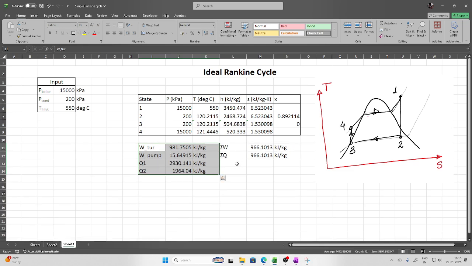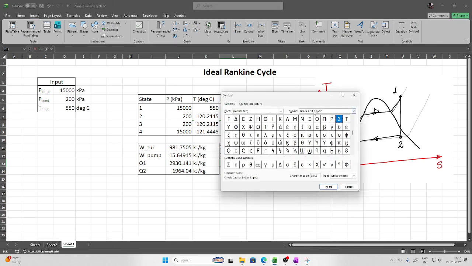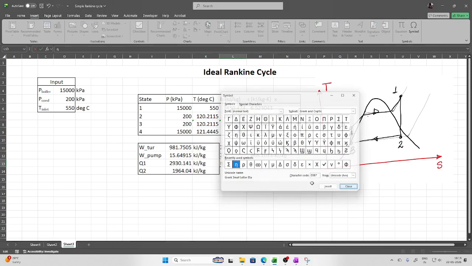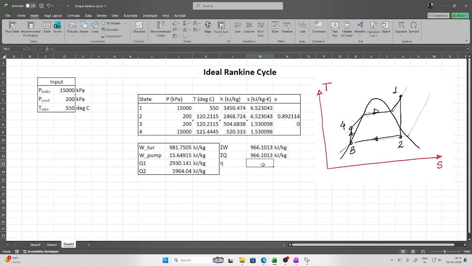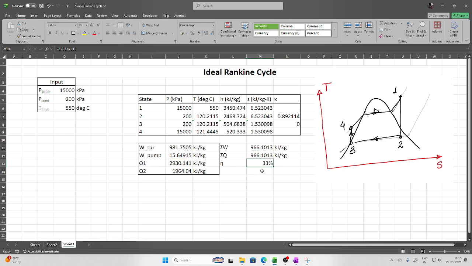Now what else can I do? I can evaluate the efficiency of the cycle. The efficiency is normally written as 1 minus Q2 by Q1, so it is 1 minus heat rejected by Q1. You can convert this into percentage. So this is 33%.